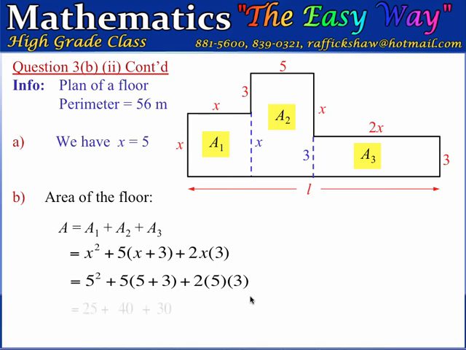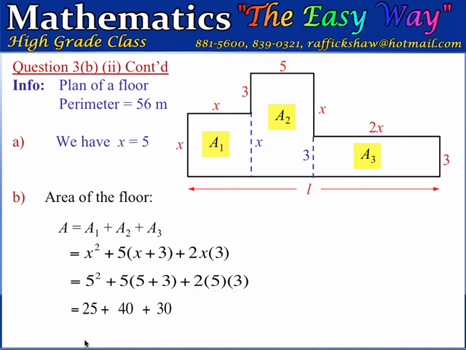And we can simplify this now and see that 5 squared is equal to 25. This 5 plus 3 here is 8, so we really have 5 multiplied by 8, which is 40. And then here we have 2 fives are 10, and 10 times 3 is 30. So this works out to 30.